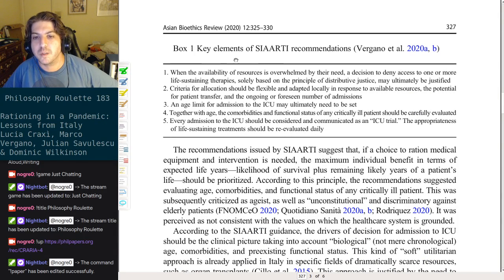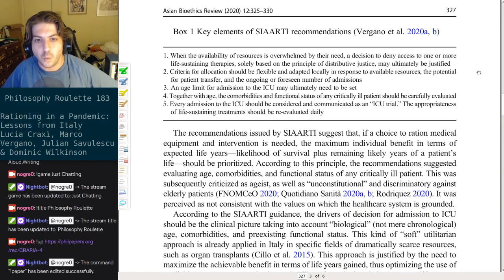Okay, box 1, key elements of CRT recommendations. Let's read this. 1. When the availability of resources is overwhelmed by their need, a decision to deny access to one or more life-sustaining therapies solely based on the principle of distributive justice may ultimately be justified. 2. Criteria for allocation should be flexible and adapted locally in response to available resources, the potential for a patient transfer, and the ongoing or foreseen number of admissions. 3.